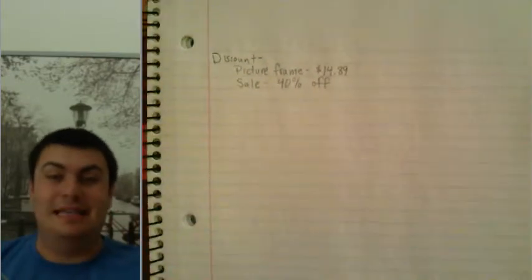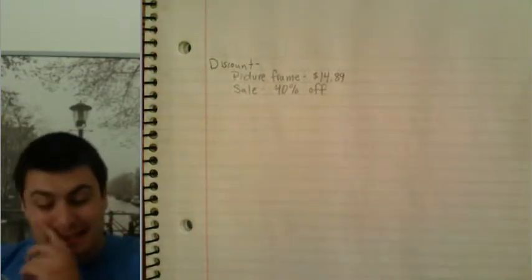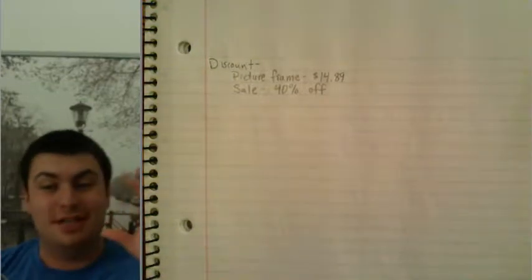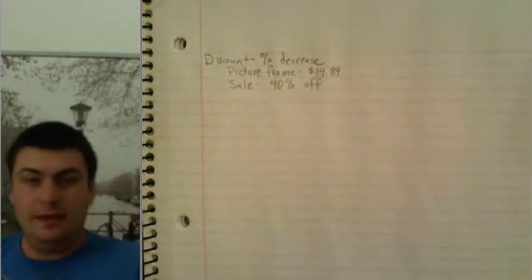Now, the other way we can apply percent of change, and this also happens to take effect when shopping, is a discount. If we think about it, with a discount, we have our original cost and then our price is going to go down, so this is really a percent decrease. So let's look.